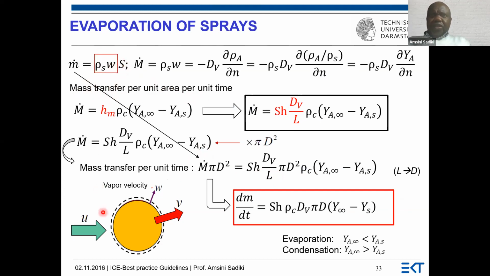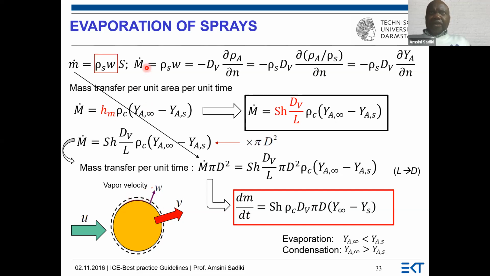At the interface we have the velocity of vapor and the density, and the interface moves down due to evaporation, and S is the surface.